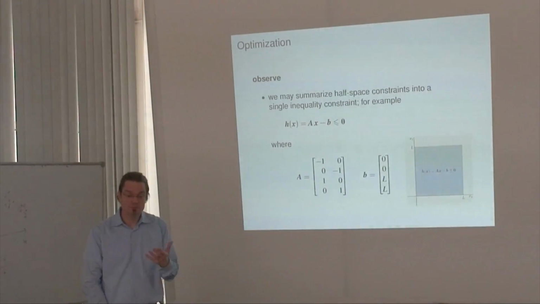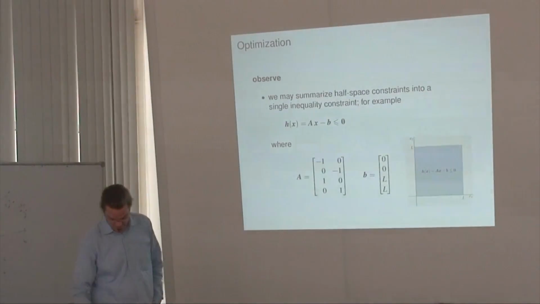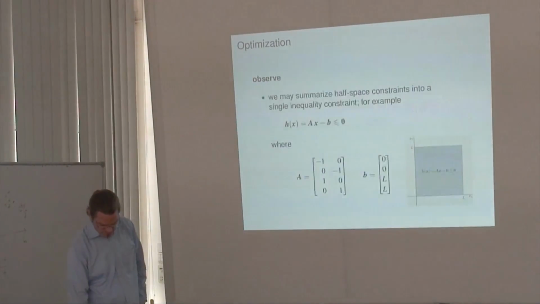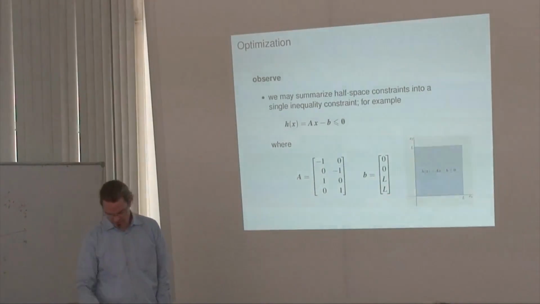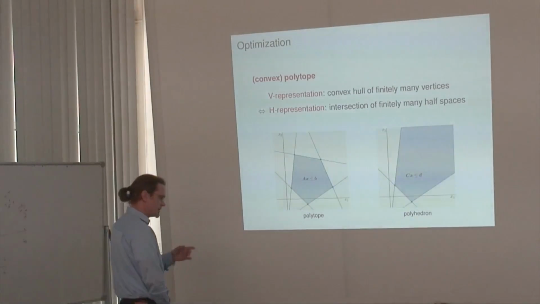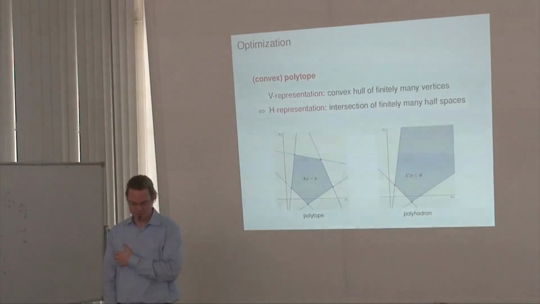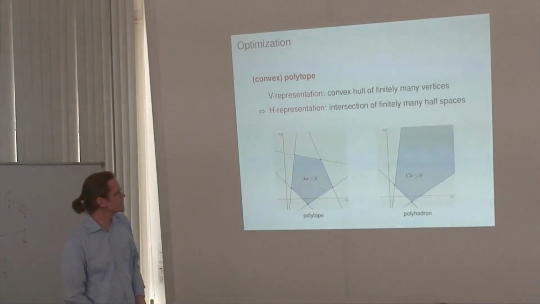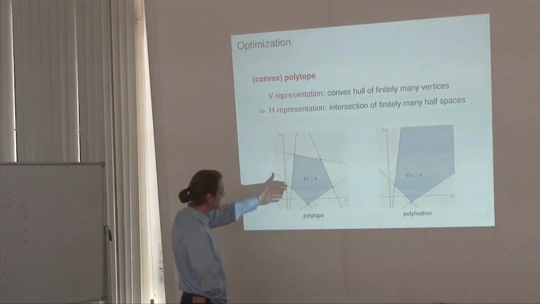But if we are dealing with inequality constraints that basically define half-spaces, we can collect those in a matrix vector equation. And that leads us back to something I mentioned much earlier in our lecture series, namely the notion of a convex polytope. Here this is a convex polytope.